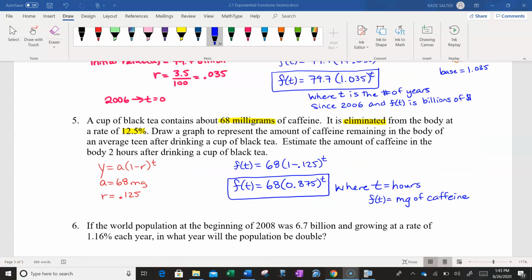All right, so in number 5, that initial value is 68 milligrams of caffeine. The key word here is that it's being eliminated. So we know this is a decay problem at 12.5%.